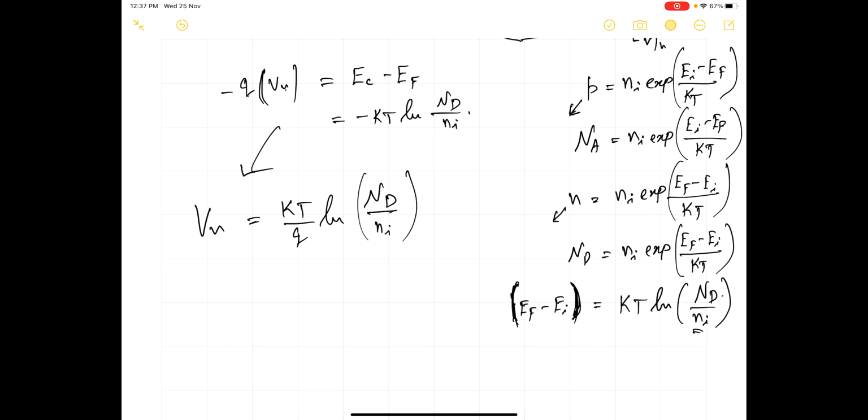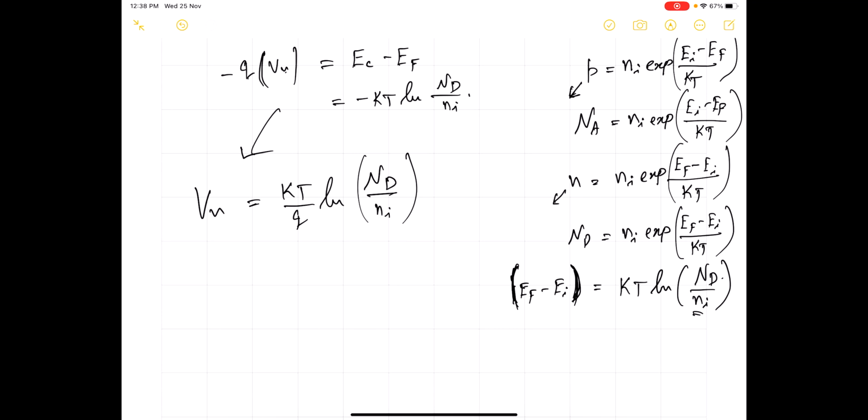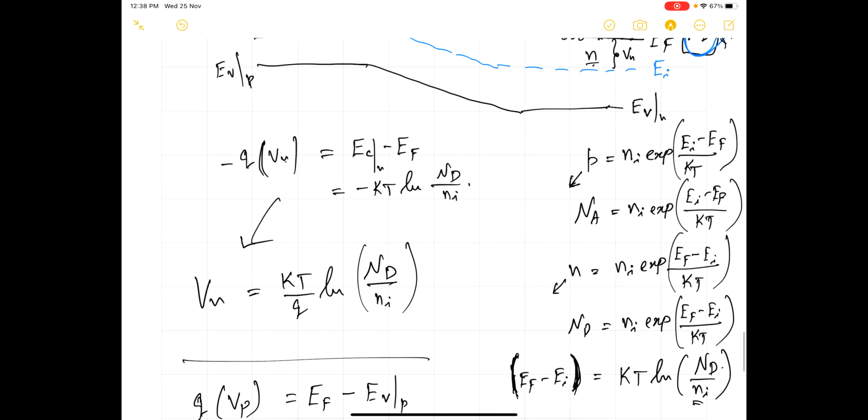If you use the similar relation for the p type, what will be the expression? Q times Vp equals Ef minus Ev. This is in the n type region and this is in the p type region.